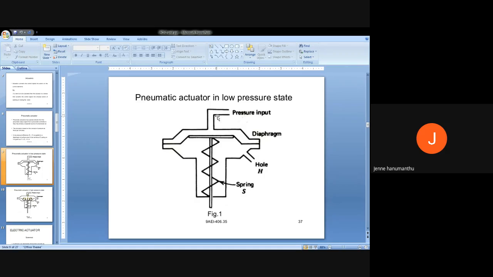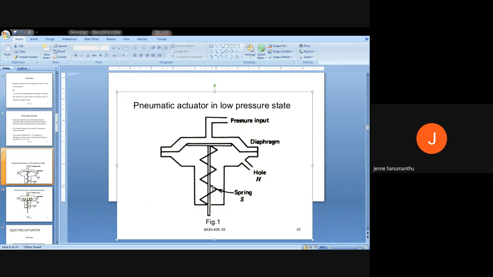If I give the pressure input from a signal converter, it will fall on the diaphragm. So this pressure falls on it and the diaphragm experiences a force. The diaphragm may move towards down or towards up as per the direction of the air input.